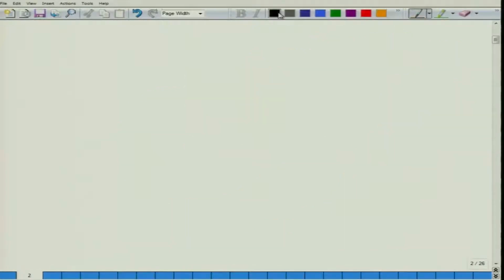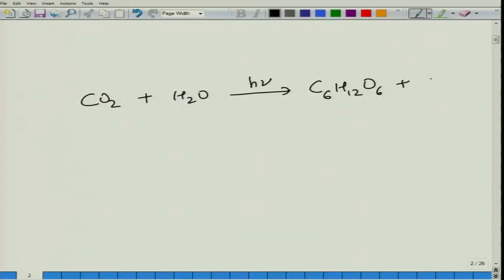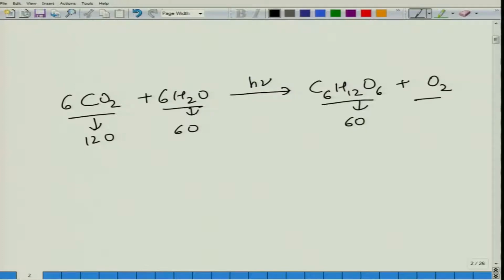A very simple reaction of photosynthesis could be carbon dioxide, which is taken from the air, plus water that is taken from the ground, using the sunlight, and through the process of photosynthesis it gets converted into sugar, for instance glucose, plus oxygen is given out. Now, if we balance this equation, it is C6H12O6, so we have 6 CO2, 6 H2O, here we have 12 oxygens, here we have 6 oxygens, here we have 6 oxygens, so here we need to have 12 oxygens, so it will give you 6 O2.